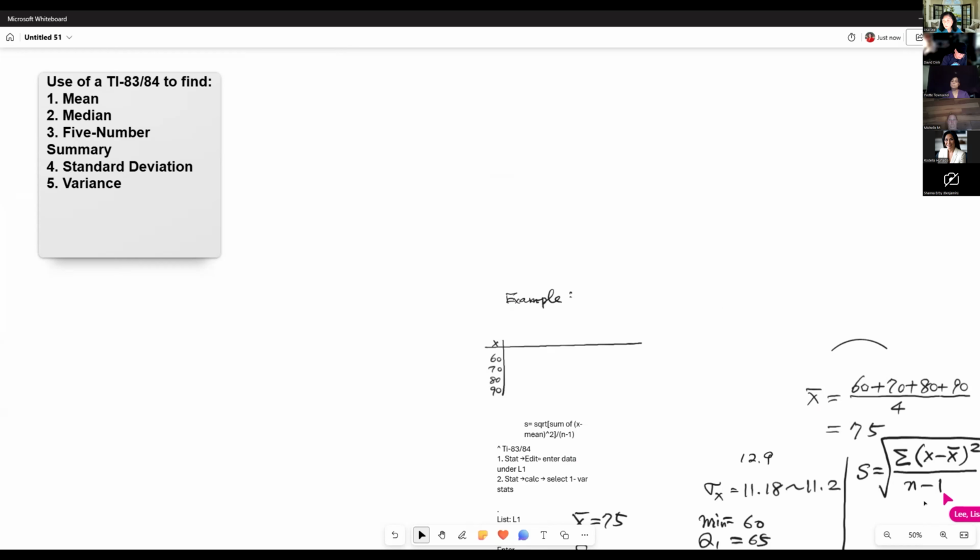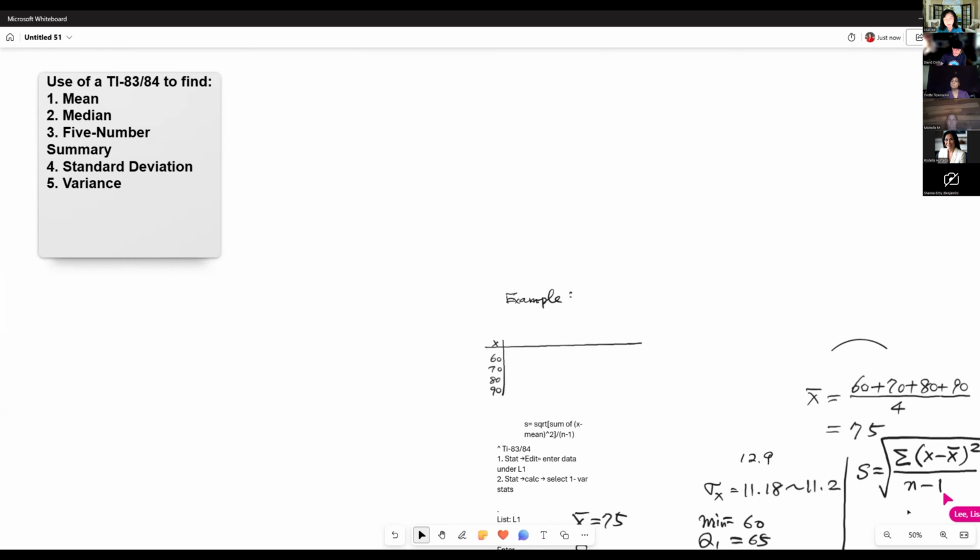Professor, can you tell me again how to clear everything from the last one that I did? Okay, you have to learn this one too. You go to the stat, right? Right now under L1, I have 60, 70, 80, 90.